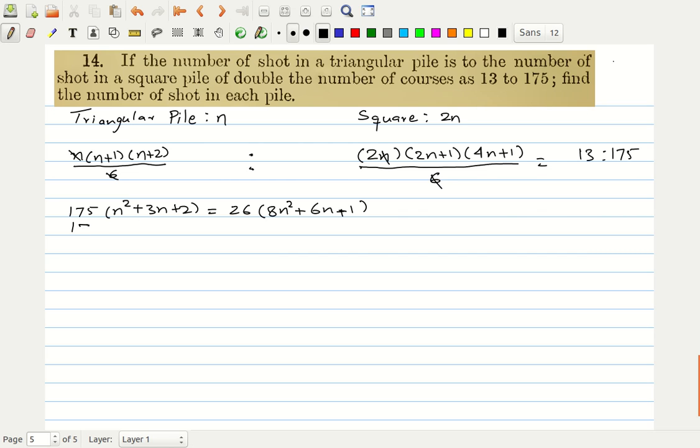So this is 175 n square plus 525 n plus 350.